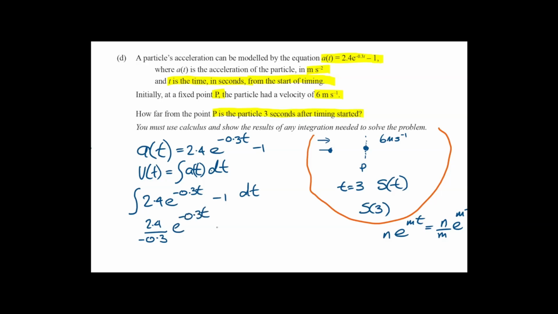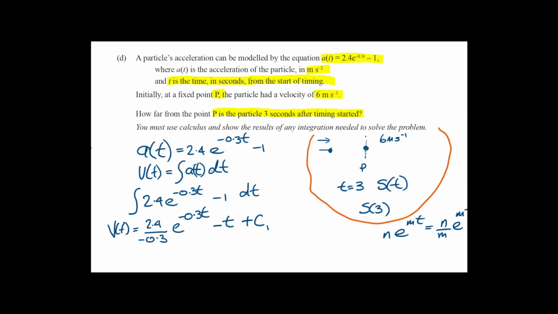And this 1 also has to be integrated. It's going to be 1t, and we're going to have a constant. I'm going to have to integrate this again, so I'm going to put a C1 there to show that's the first constant. Then we need to work out what that first constant is, and this is the velocity as a function of time.